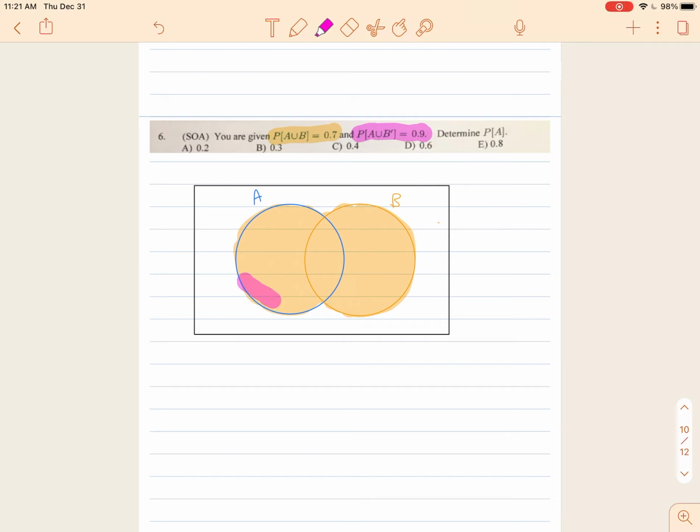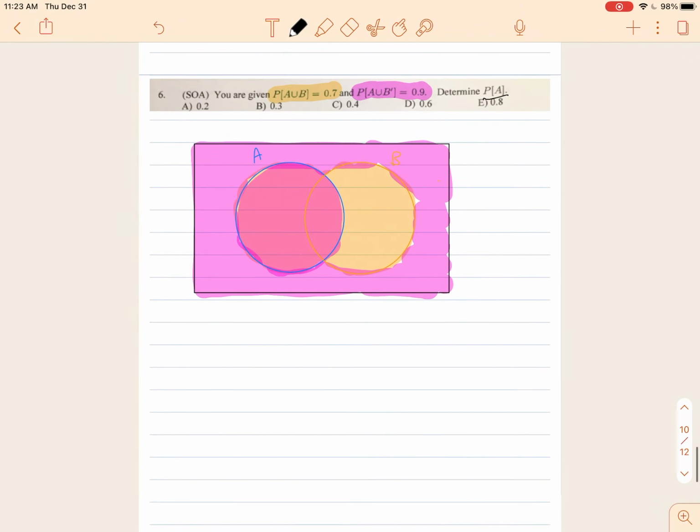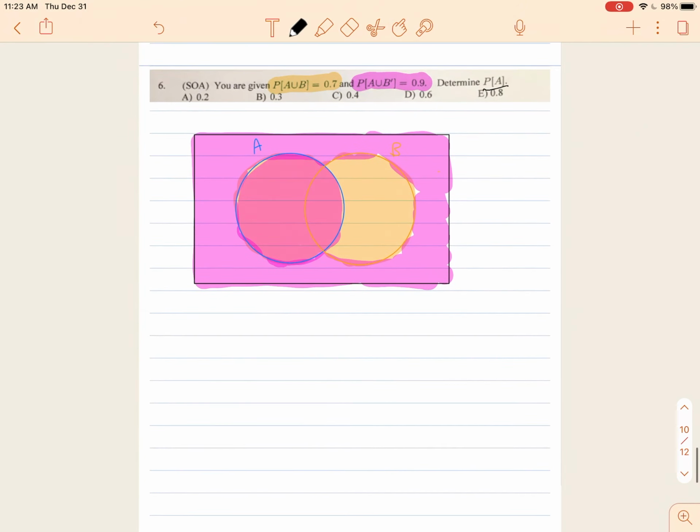So then it's going to have A, right? And then everything outside of B. So then just the rest of this box here. All right, so I'm not really good at coloring in the lines here, but you get the point.